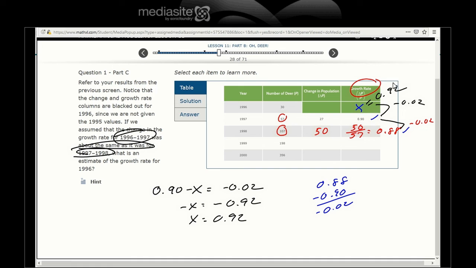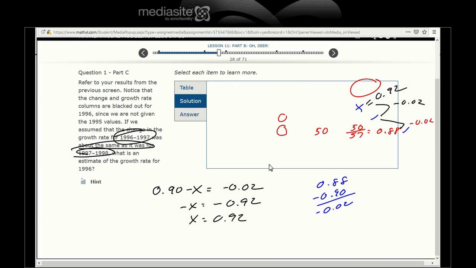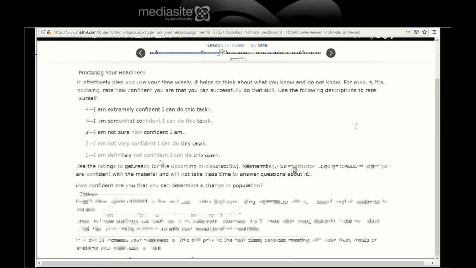Subtract 0.02 from 0.92, I get 0.90. Subtract 0.02 from 0.90, I get 0.88. Okay. Strange.